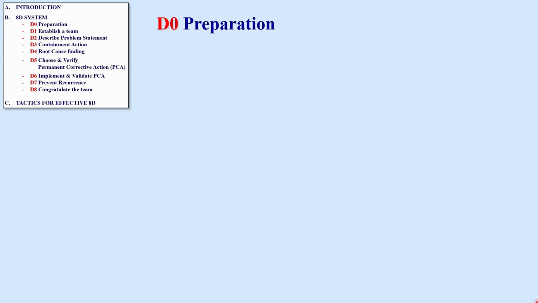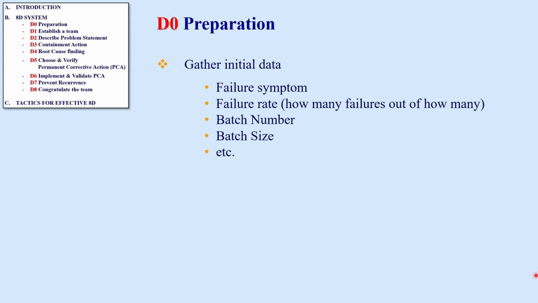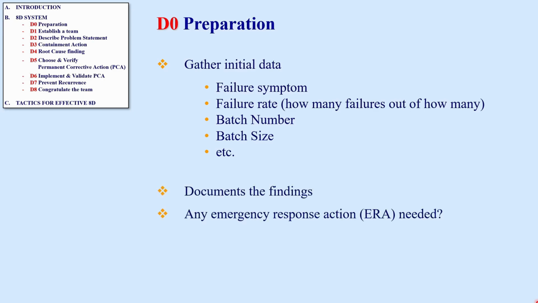Examples of the questions in the questionnaire are: what is the failure symptom, what is the failure rate, how many failures out of total how many, what is the batch number, what is the batch size, etc.